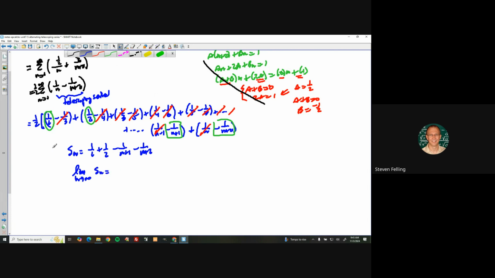Now, actually, this is all times 1/2, but let's ignore that for a sec. So this would be the limit as n approaches infinity of, well, we don't even have to do the limit for the first part there. This is Sn. So this is just 1 plus 1/2 plus whatever the limit as n approaches infinity of this rule, negative 1 over n plus 1 minus 1 over n plus 2, is.